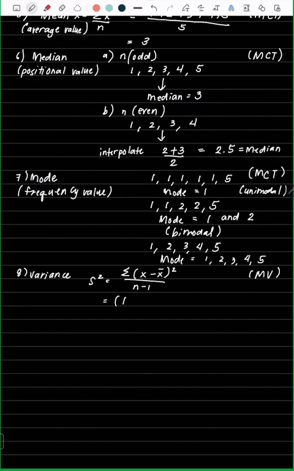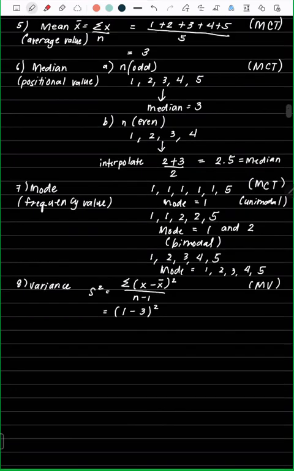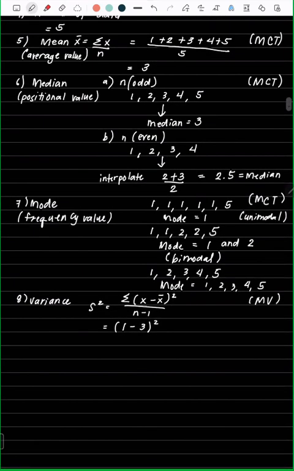So what are we going to do here? We're going to repeat the process for all the data that we have, the algebraic expression beside the summation notation. So again, the first value that we have is 1 minus 3 squared. Where did I get 3? 3 was our mean a while ago.